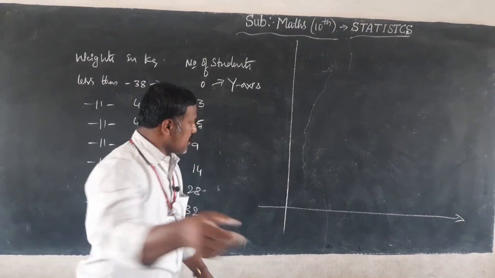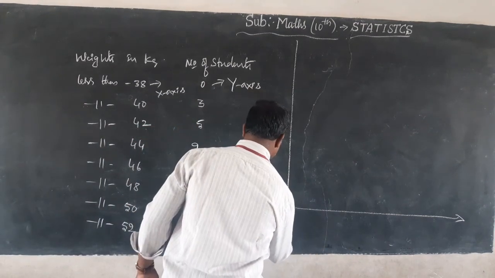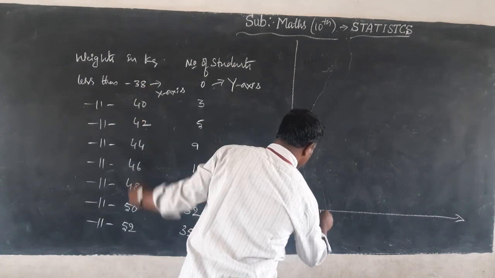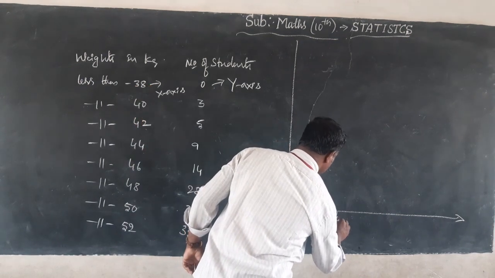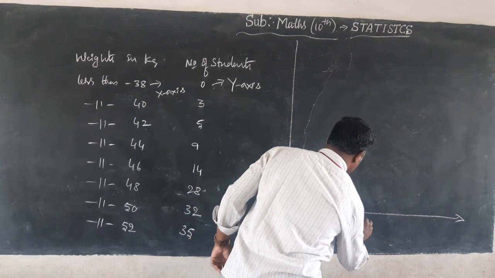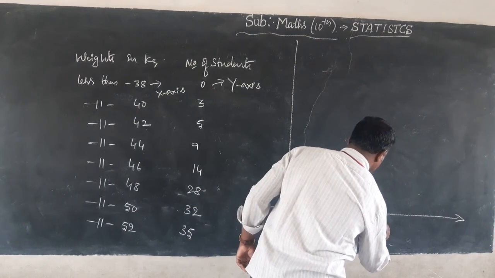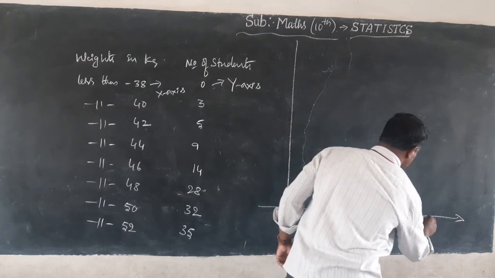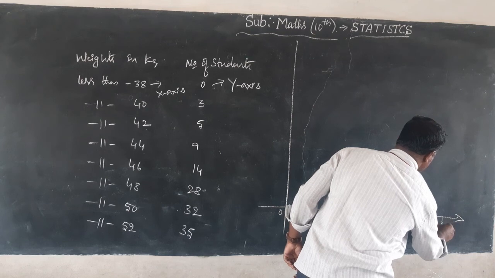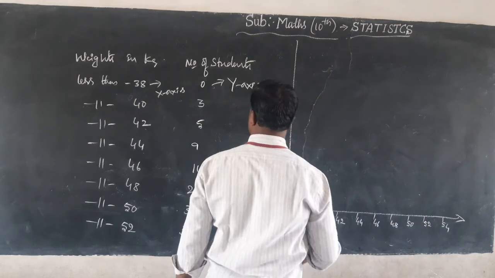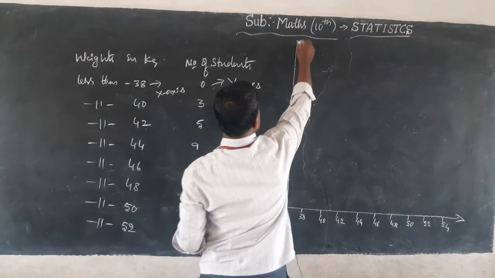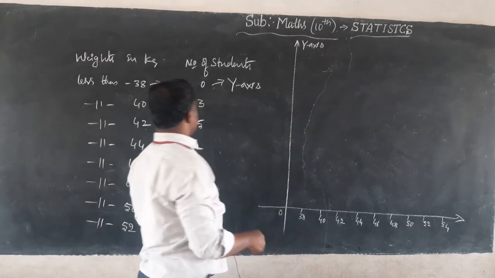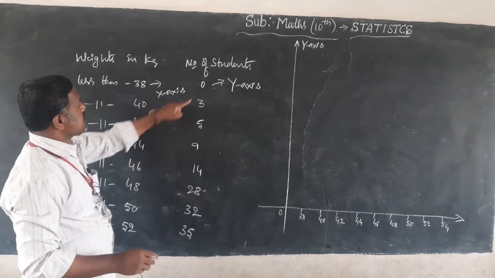Children, here you can take in the x-axis column directly these numbers. That is, the first one is 38, 40, 42, 44, 46, 48, 50, 52, 54. And in the y-axis column, we should take these numbers. Let us take 0.